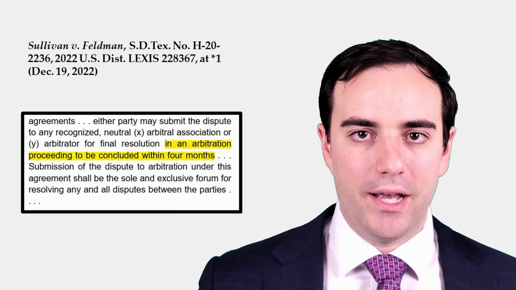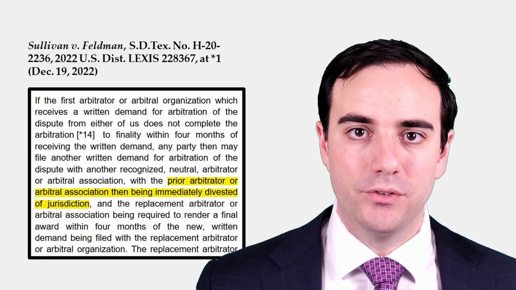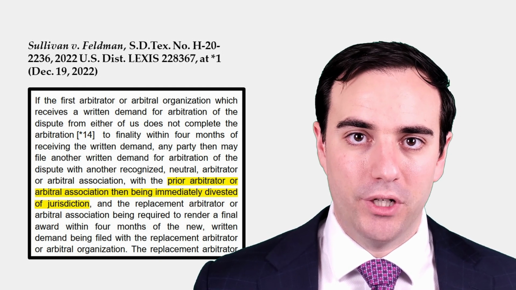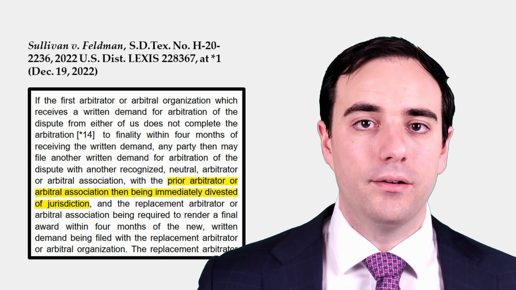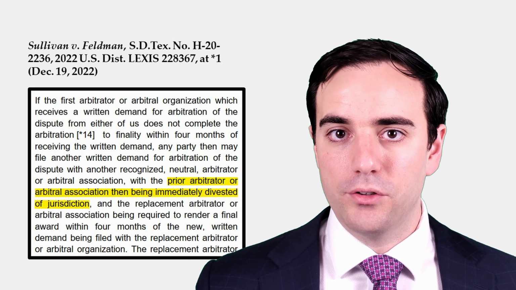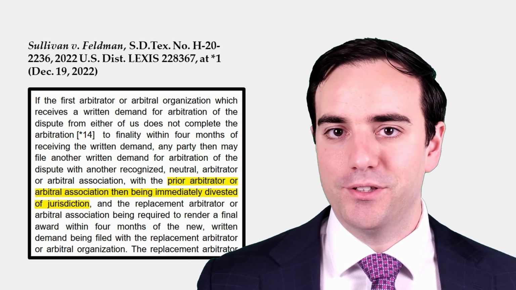So we know that there are these issues. What did the parties actually do? They actually foresaw some of the problems, or at least the party that drafted this arbitration agreement did, and it said, maybe the award is not issued within a certain time. We'll give the court some guidance on what to do.